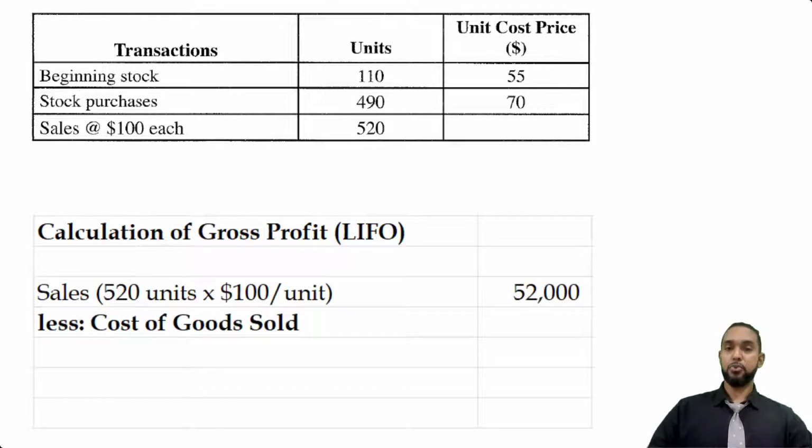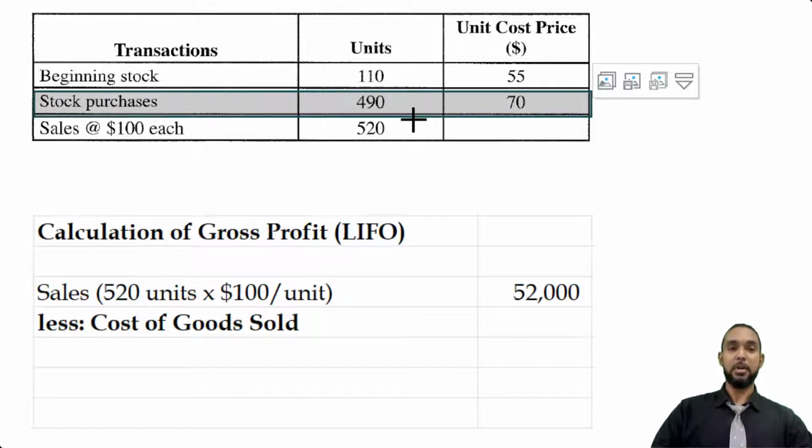The cost of goods sold, so hear me out here. We sold 520 units. Under LIFO, the first cost that's going to be used up is the $70. So we're going to use up this entire 490 batch at 70. And then we also have to sell 30 more because remember, we're selling 520. We're starting with this batch of 490, which cannot fully satisfy 520.